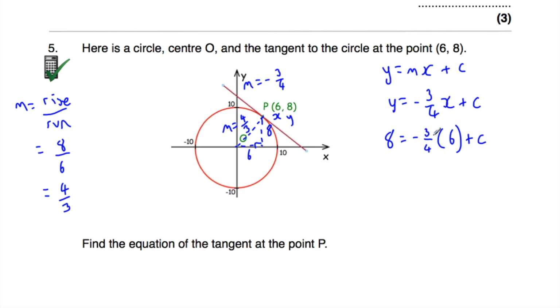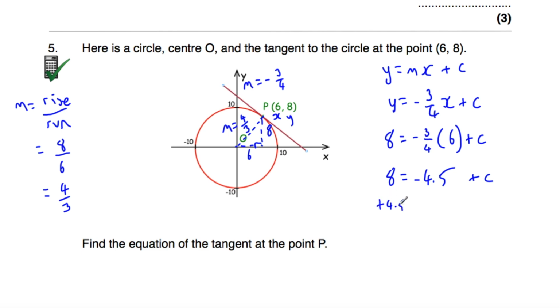So on our calculator, we're going to do negative 3/4 times 6. That's equal to minus 4.5. So 8 is equal to minus 4.5 plus c. You may have got that's equal to minus 9/2, and minus 9/2 is minus 4.5. And now I'm just going to add 9/2 to both sides, or 4.5 to both sides.